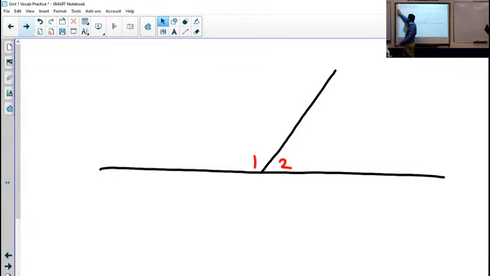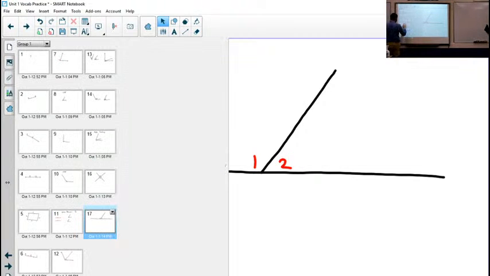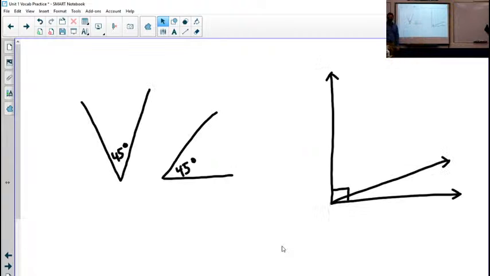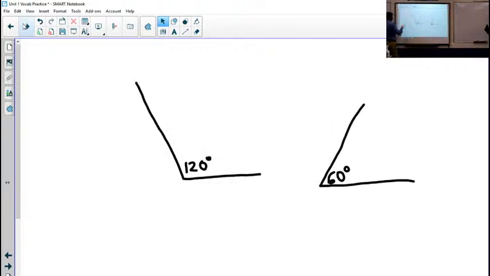So let's go through the ones that we did this week. The ones adding to 90: C comes first, so complementary. Complementary is adding to 90. And adding to 180 is supplementary.